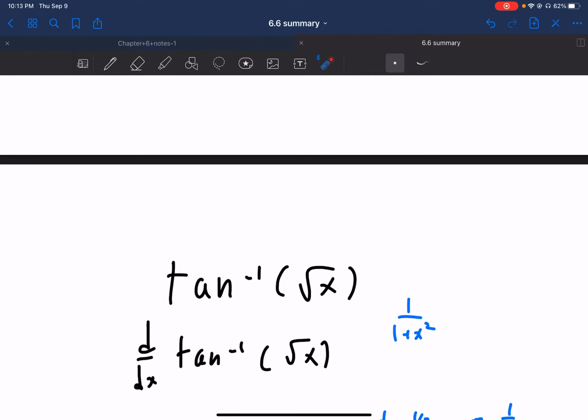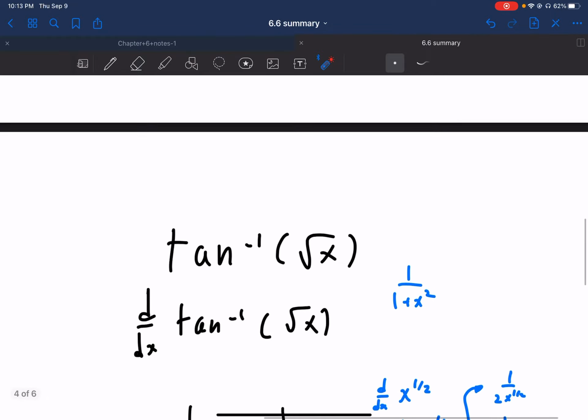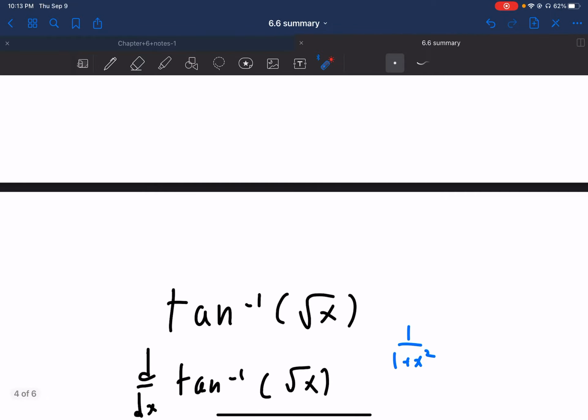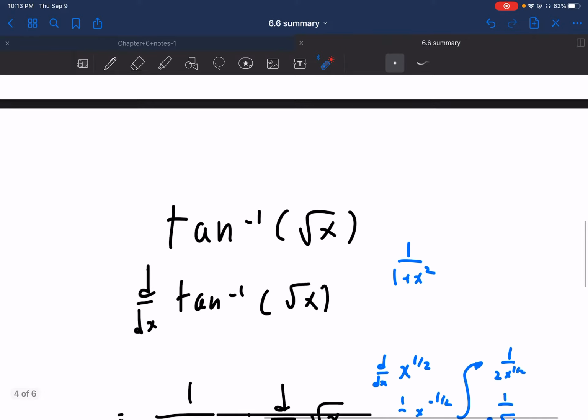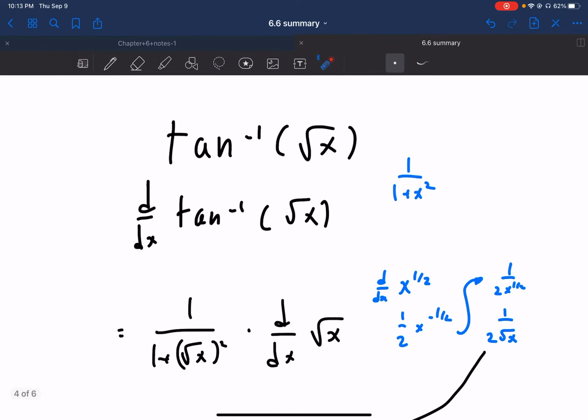You just plug that in, or you could substitute it for a u or something else. Okay, so put in the formula, 1 over 1 plus the square root of x squared. And since this is an inner function, we do have to apply the chain rule here again.